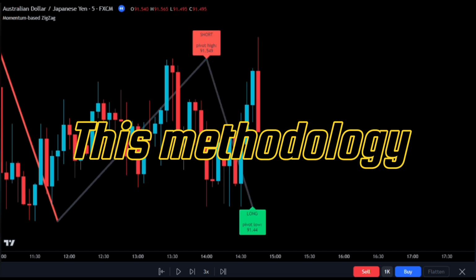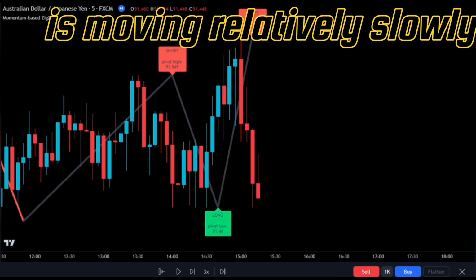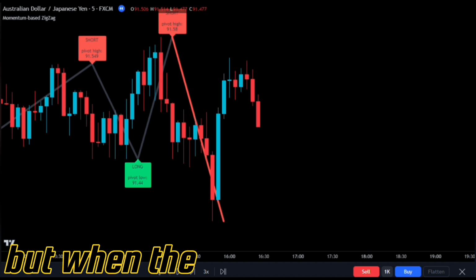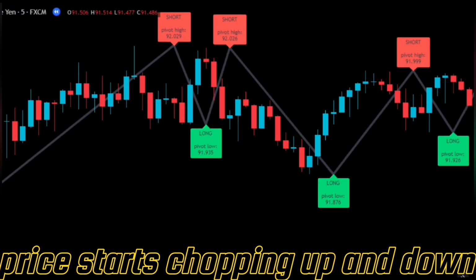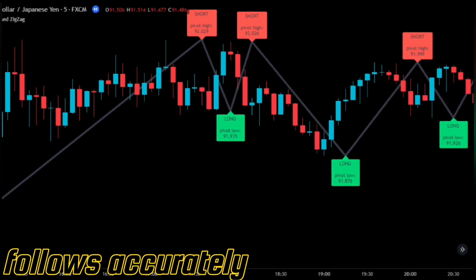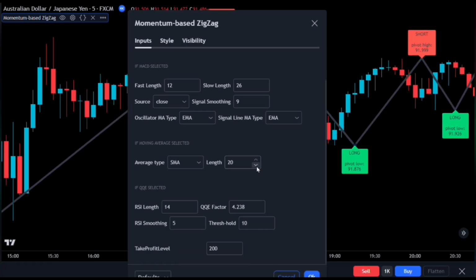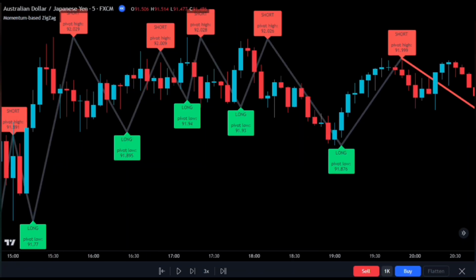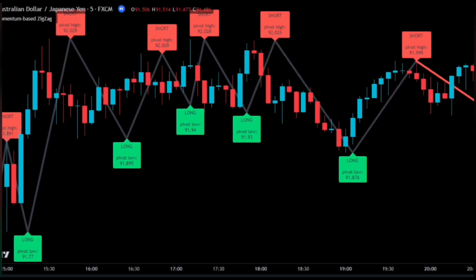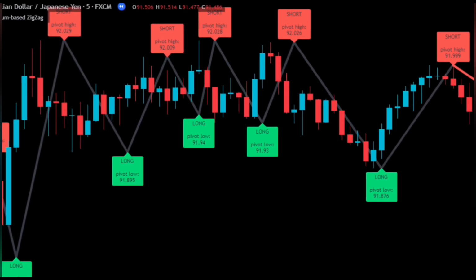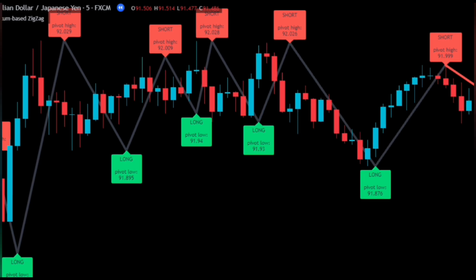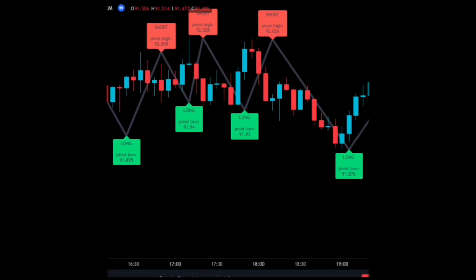This methodology is probably the best when the market is moving relatively slowly, but when the price starts chopping up and down, there is no way the zigzag follows accurately. On the other hand, if you set it too tight, for example, pivot confirmation after only 2 or even 1 candle, you will get hundreds of zigzag lines, and they will tell you nothing.